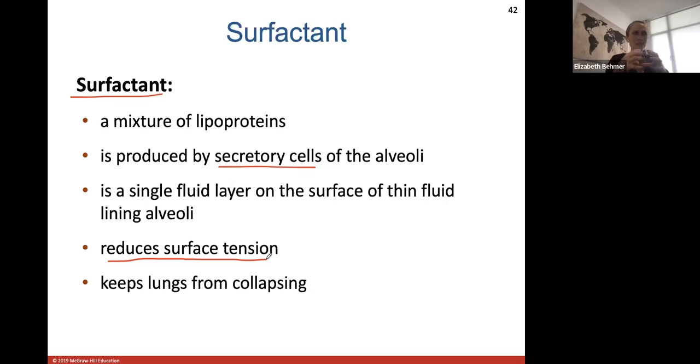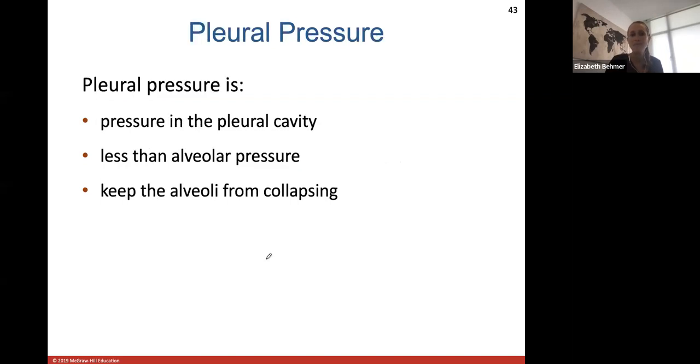In other words, it keeps the alveoli always inflated. You always want your alveoli to look like an inflated balloon so that airflow is constant through them. Without surfactant, your alveoli would collapse like a deflated balloon, and that's what would cause your lungs to collapse. So surfactant is very important for keeping your lungs and your alveoli open at all times.